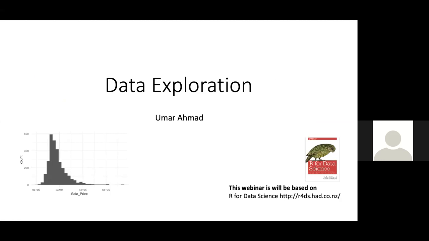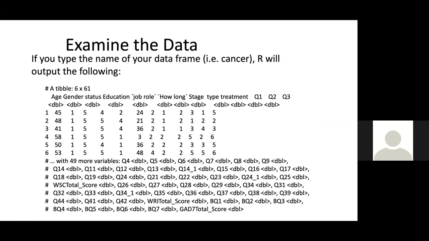Data exploration is a way to explore your data and look at how it is. You can look at the range of values, summarize the data, or make histograms or whatever kind of plots you may want. This is just to show you how to examine the data. Let's say the data set that we have is a cancer data set.